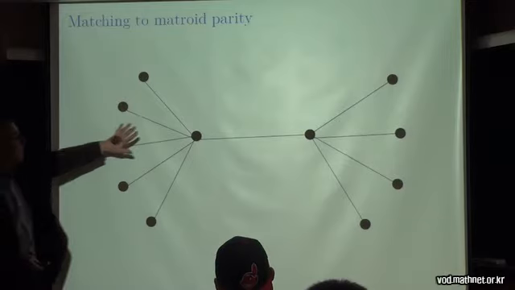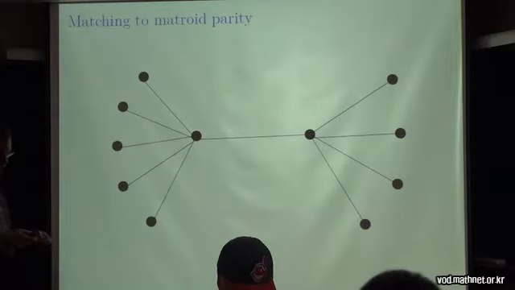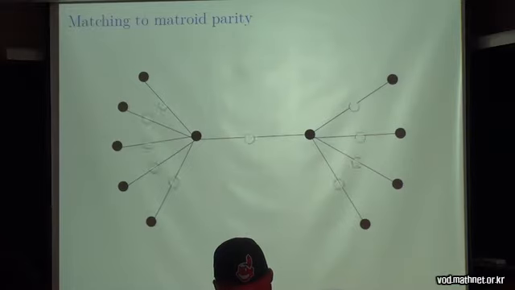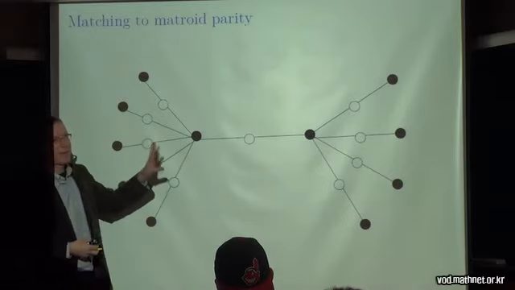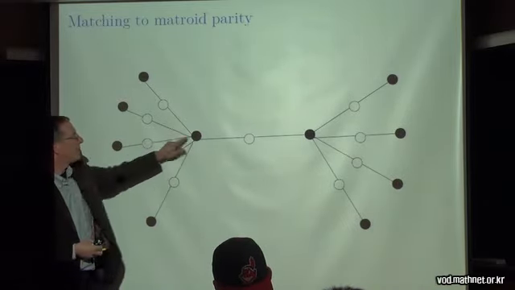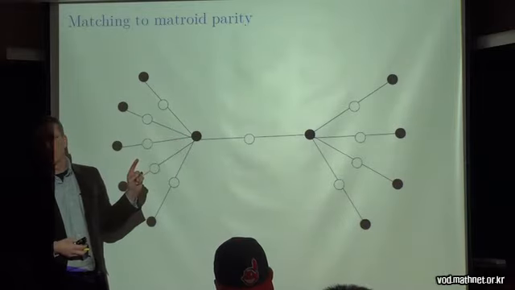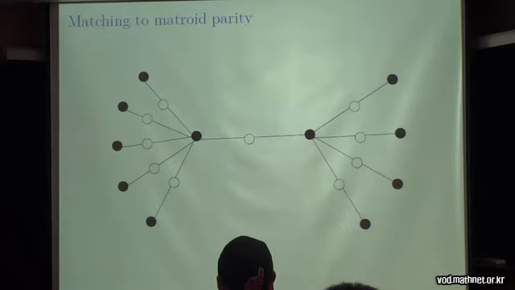So I want to find a largest matching in this graph. I want to model that as matroid parity. What I do is I take each edge and I split it like that. And now I say that I want to pick a set of edges that doesn't touch any black vertex more than once. That's the first condition. That's a matroid after I did the splitting.